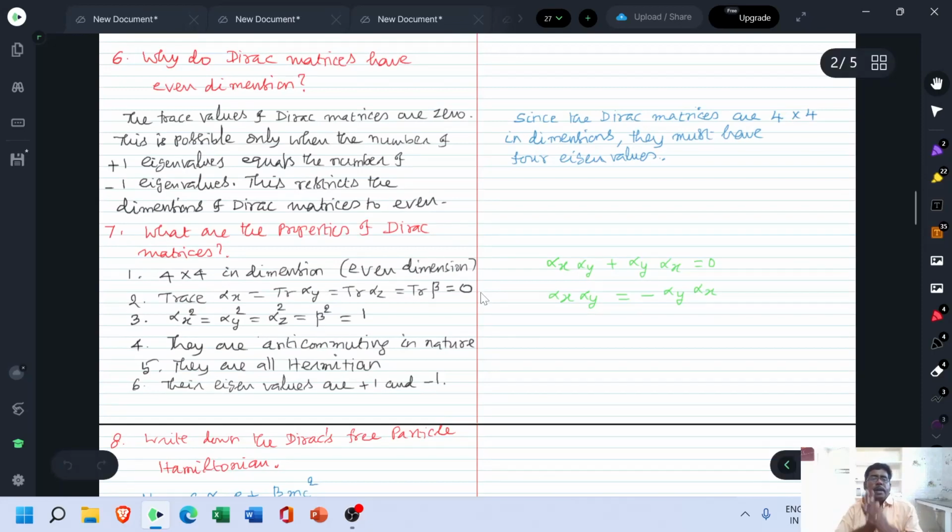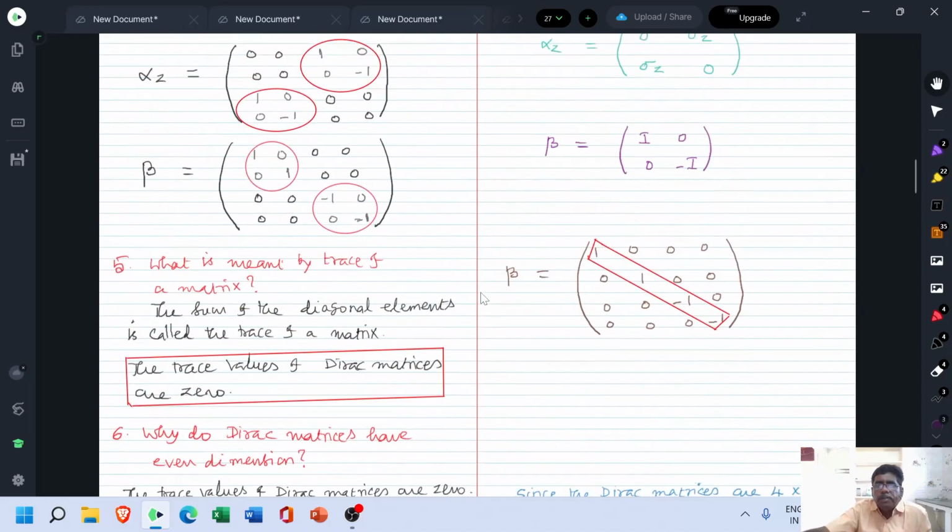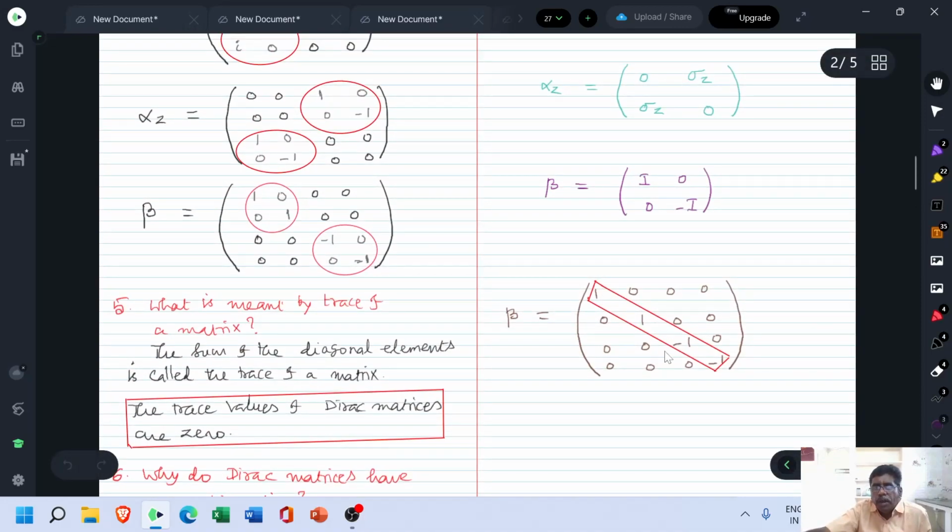Why do Dirac matrices have even dimension? The trace values of Dirac matrices are 0. That means the diagonal element sum value is 0. This is possible only when the number of plus 1 eigenvalues equals the number of minus 1 eigenvalues. This restricts the dimensions of Dirac matrices to even. See this beta matrix here, 2 plus 1 eigenvalues and 2 minus 1 eigenvalues are present, then only the sum is 0.